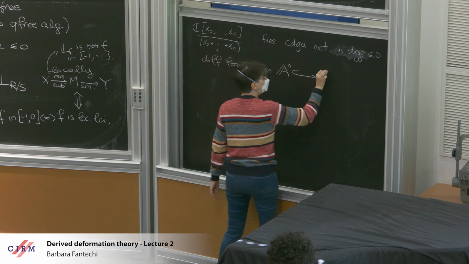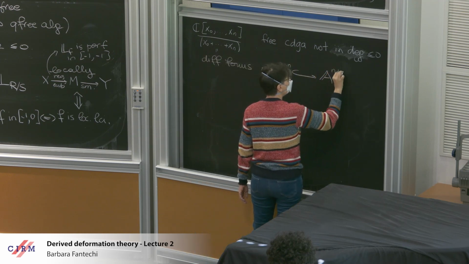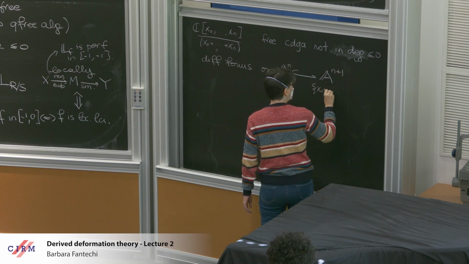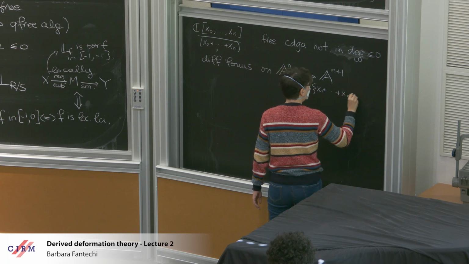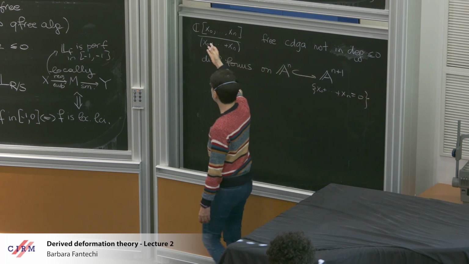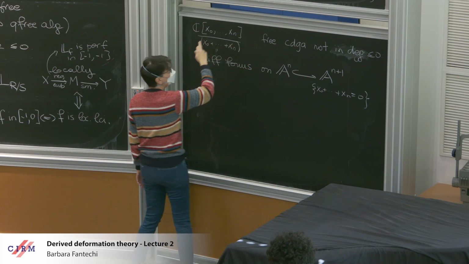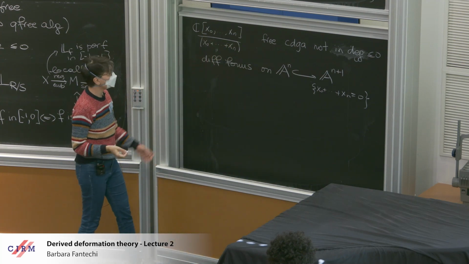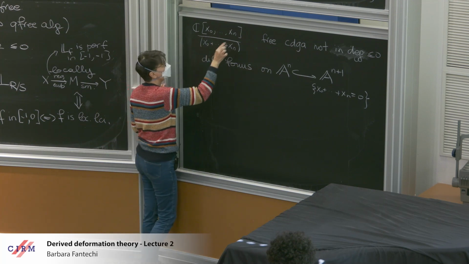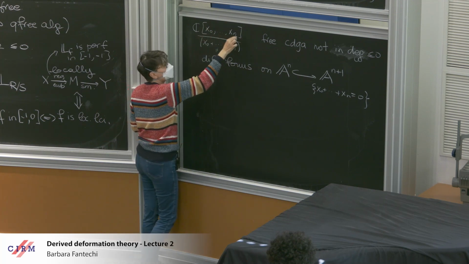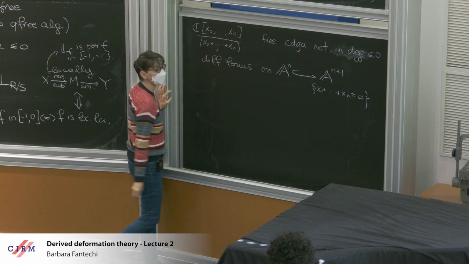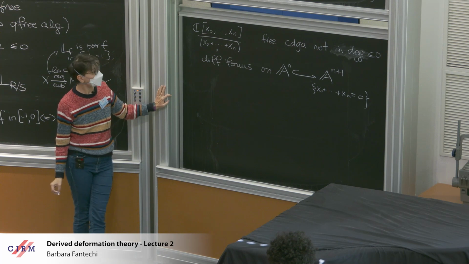But I view A^n inside A^(n+1), given by this. So this is an algebra where in degree 0 you have this, in degree 1 there are the differentials, and in degree 2 there is the double differential, and it goes until n+1.